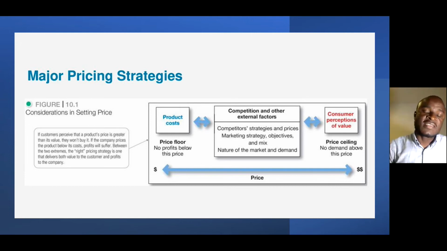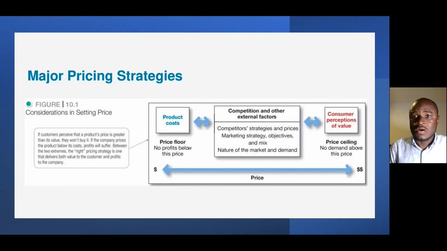Right. So a regular cell phone, and you are telling me you are selling it at 20 million pesos. Why 20 million pesos? I'm not sure that people are going to buy it, right? It depends on how they are going to perceive it, the perception of the customers, because your price is higher than the value of your product. This is what it means.